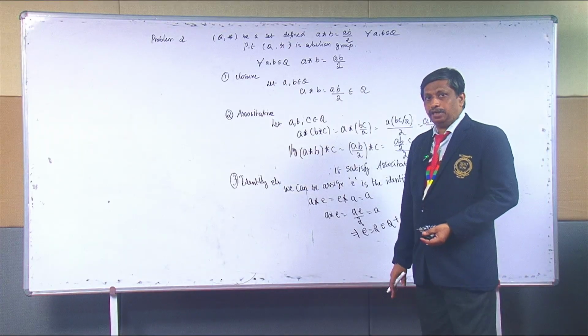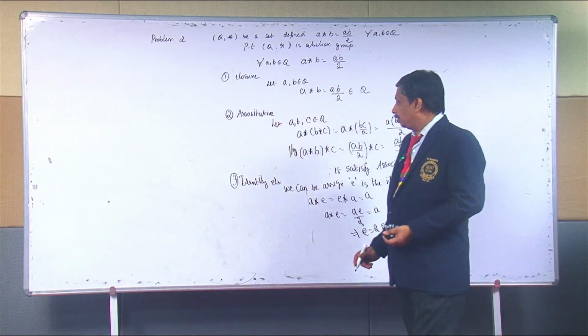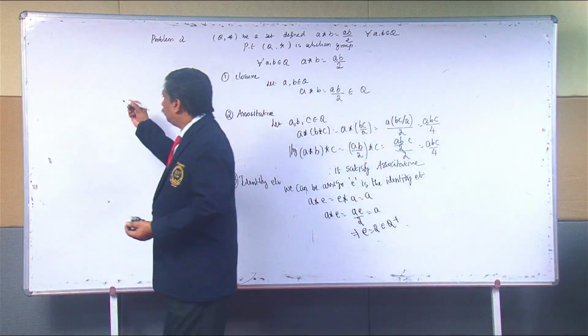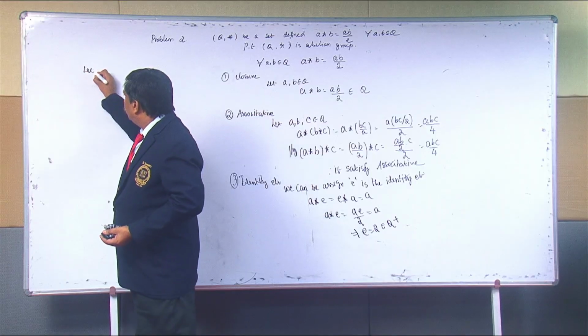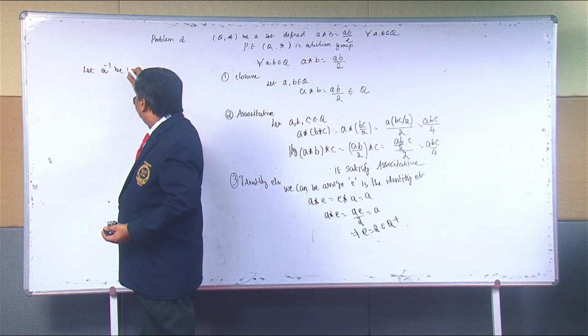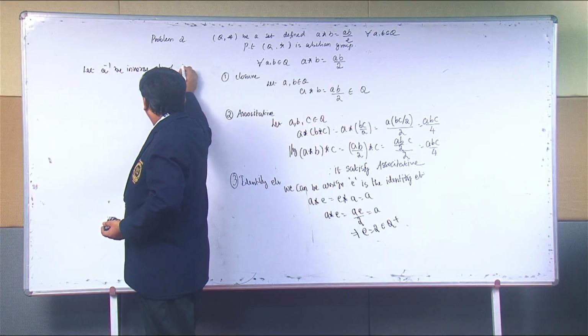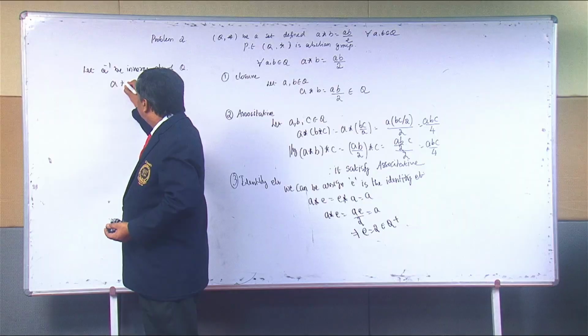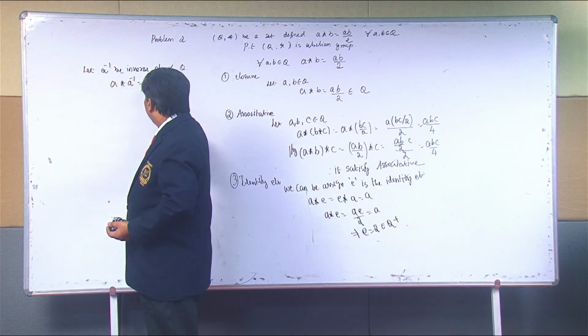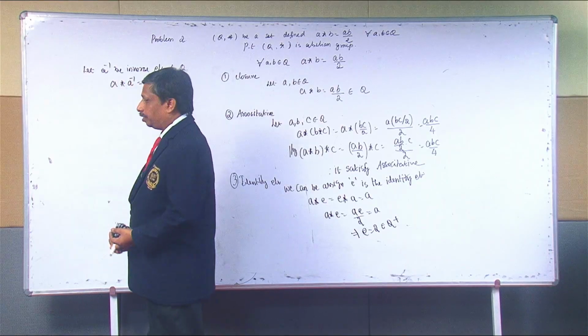So E equal to 2 is the identity element in Q. Now we come to the inverse element. What is the inverse element? Let A inverse be the inverse element in Q. So A star A inverse is equal to E. The identity element E is 2.